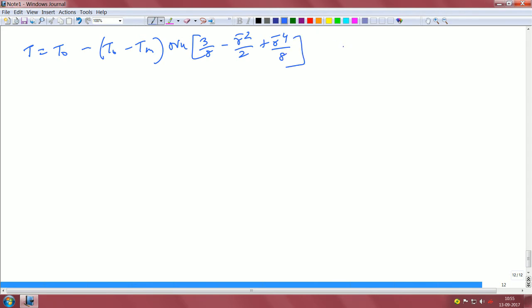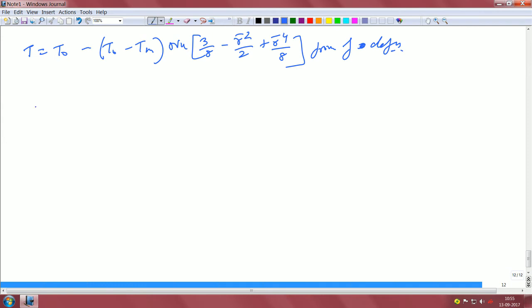So if you open up f from the f definition, that is what you get. So this T is basically a function of both x comma r, right.